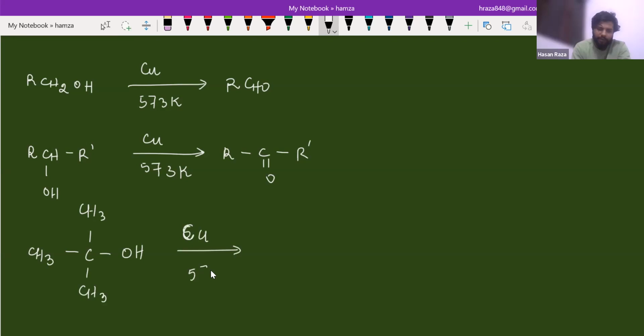Then there will be the formation of alkene, CH3-C=CH2. So basically elimination took place here. Dehydration took place. That's why alkene formed. So I'm going to write a point about this.